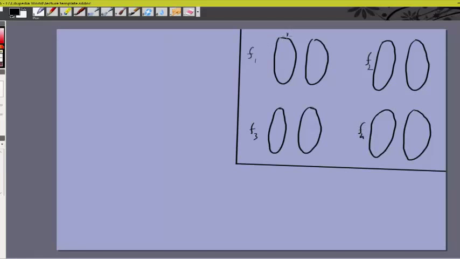All functions are defined from a set A to a set B, where A and B can be different, in the case of f1 and f3 for example, or they can be the same. And let's say on the left you have numbers, on the right you have letters. Just for the sake of consistency, they can be anything obviously. So let's take 1, 2, 3, 4 here in every case.